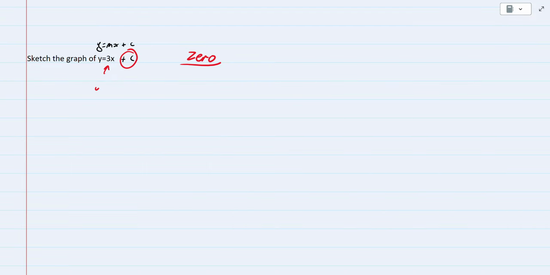So we could rewrite this as y equals 3x plus 0. But that 0 holds no value, and that gives us the answer of c. So that means our line passes through 0. If it's the y-intercept, x always has to be 0 as well. So it actually passes through the point 0, 0, which is called our origin.